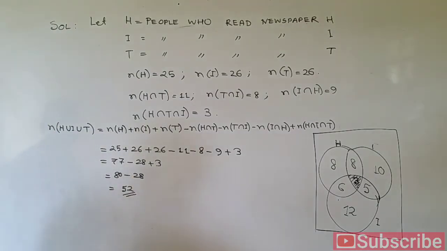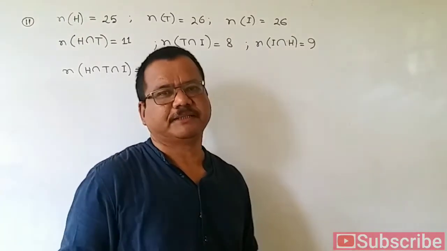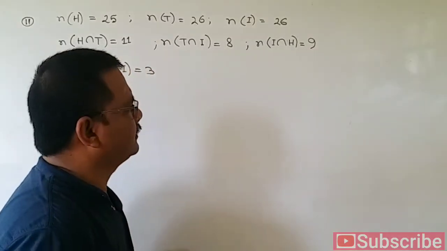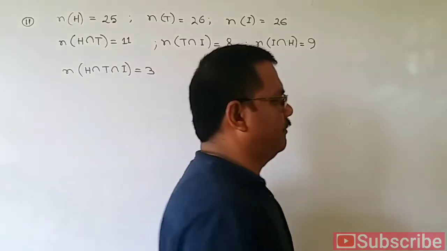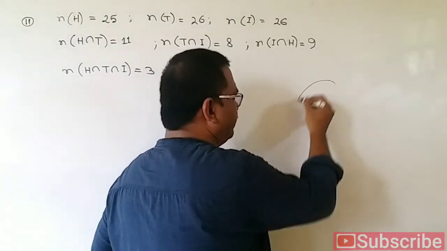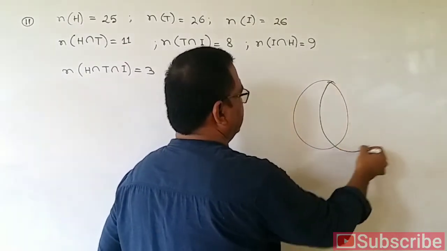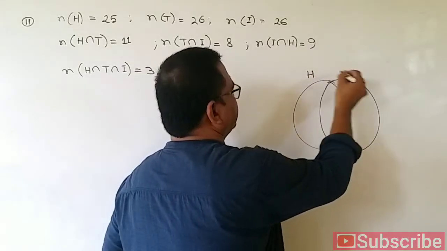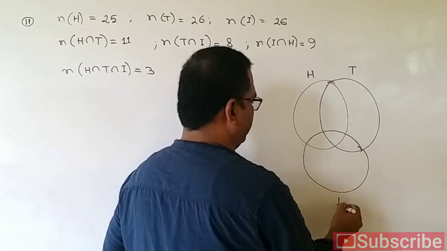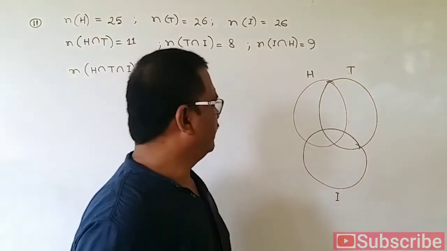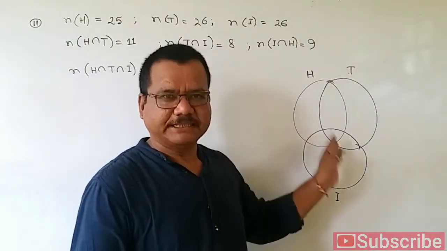Right. Now we have to find who read exactly one newspaper. For the next part, let's take the help of a Venn diagram. That will be easier actually. This is H, T, and the third part is I. Now we will not assign the numbers.